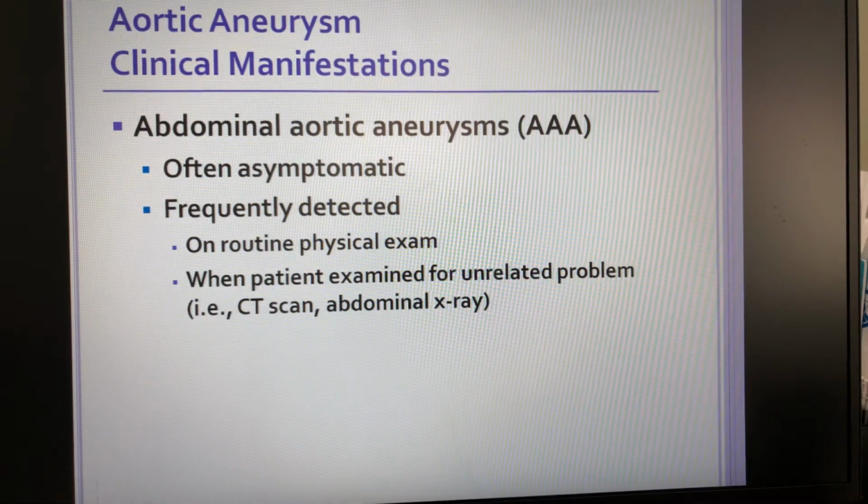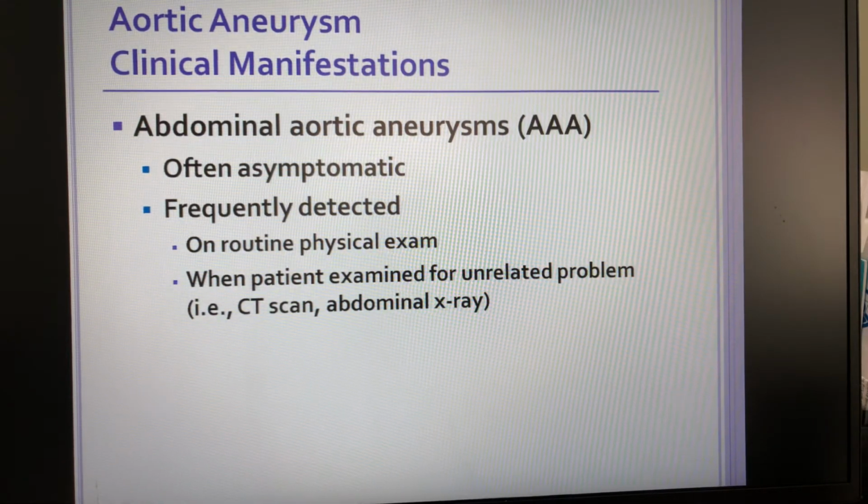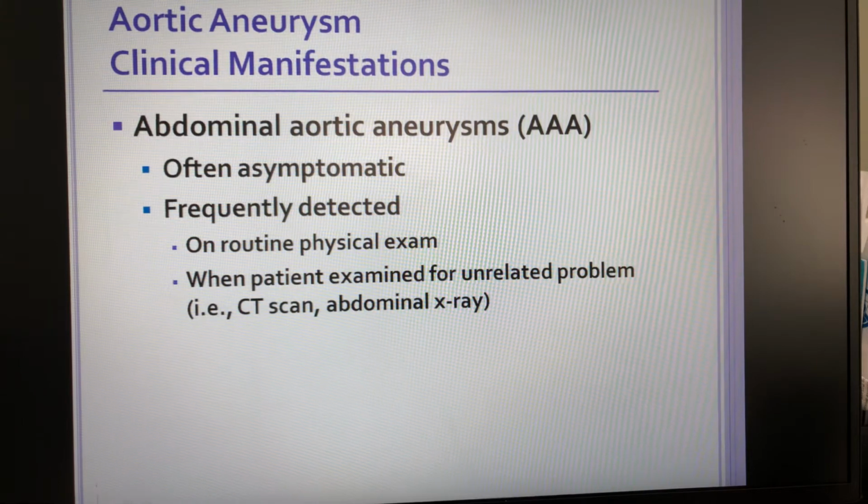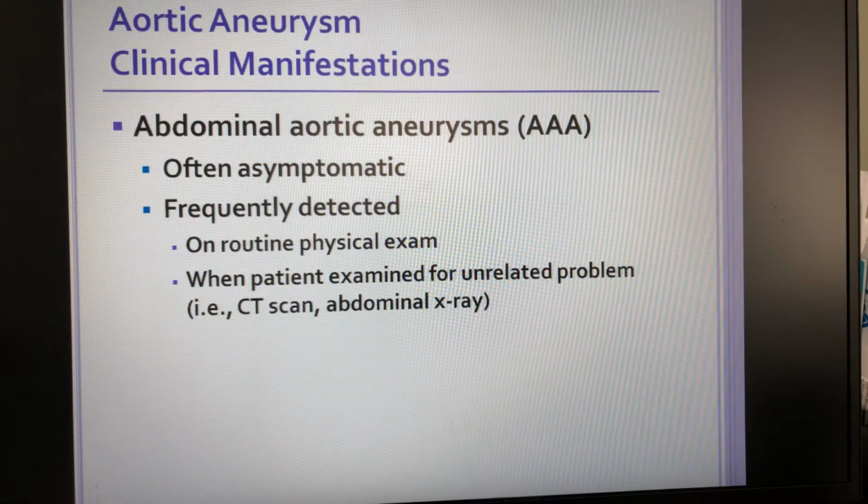Now, the abdominal aortic aneurysm is often asymptomatic, frequently detected on a routine physical exam.